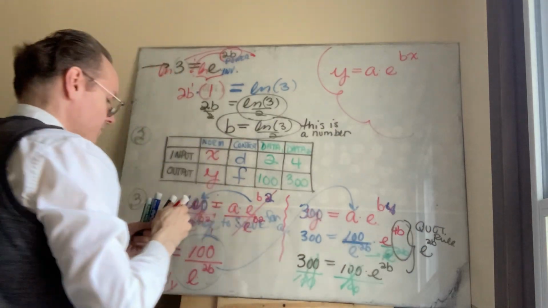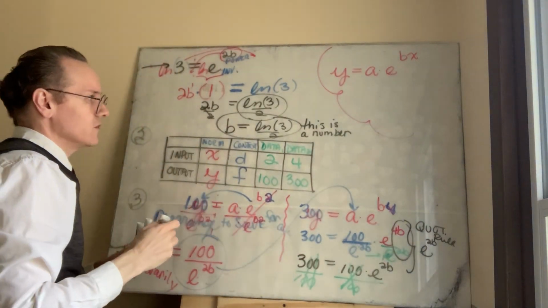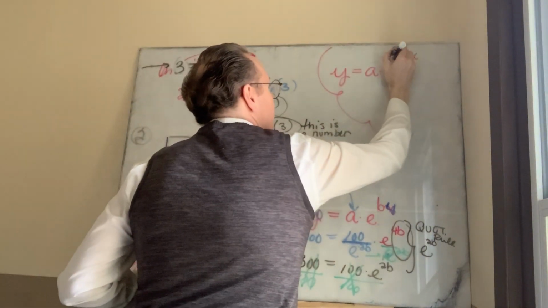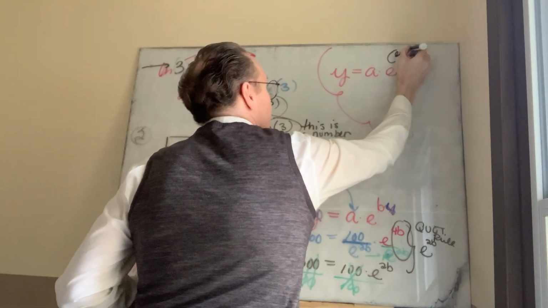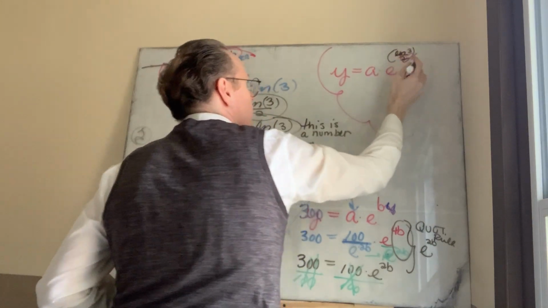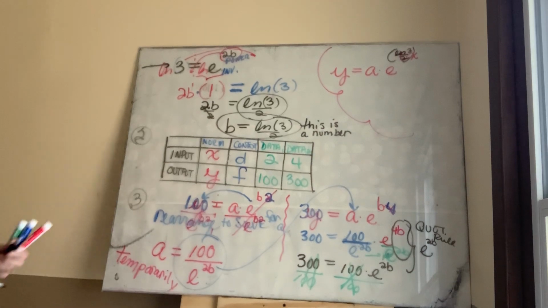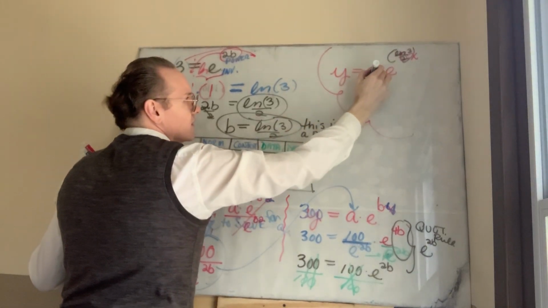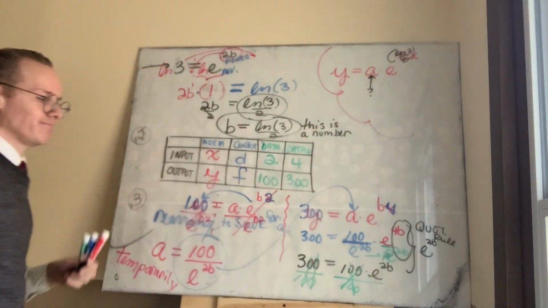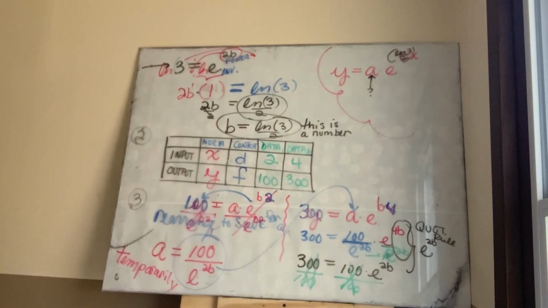Well, we just figured out what b is. b is the natural log of 3 sitting on top of 2. That means that there is one other thing that we need to find, a. How do we do that?